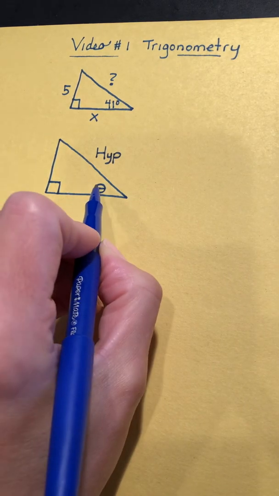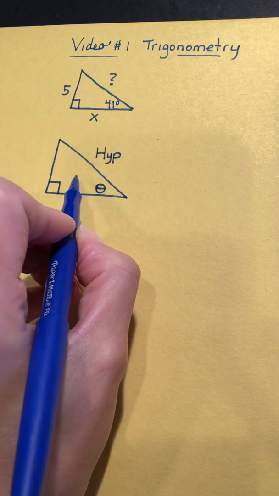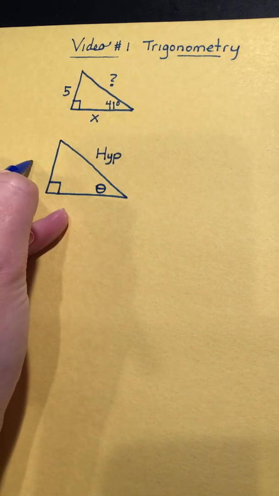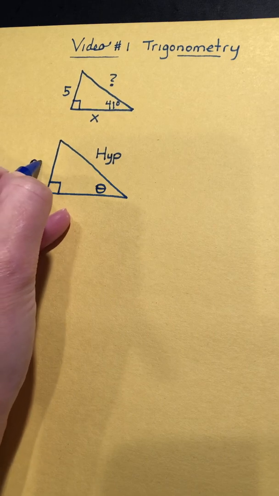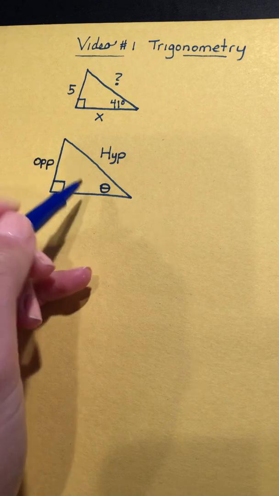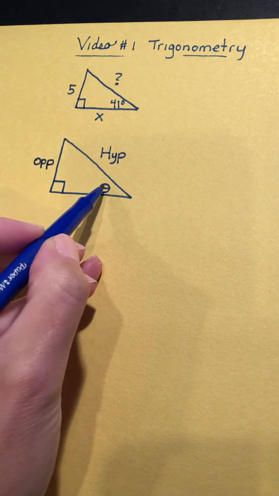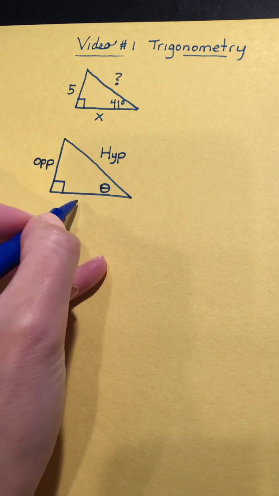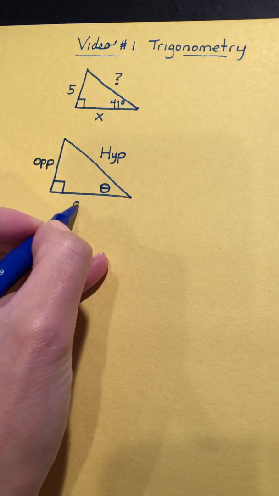The side that's directly across from that angle is going to be your opposite side. I'm going to abbreviate that as OPP because I don't feel like writing the word opposite. And then finally, the side right next to theta is going to be your adjacent side.